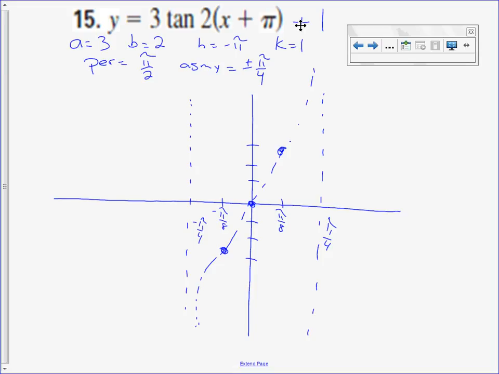Now, by shifting all these things through the ordered pairs, I can go to my graph and just start filling in the blanks. I know that my far one is at negative 9 pi over 8. The closer one is at negative 7 pi over 8. In between them, it's negative pi. Oh, I put the asymptotes there.